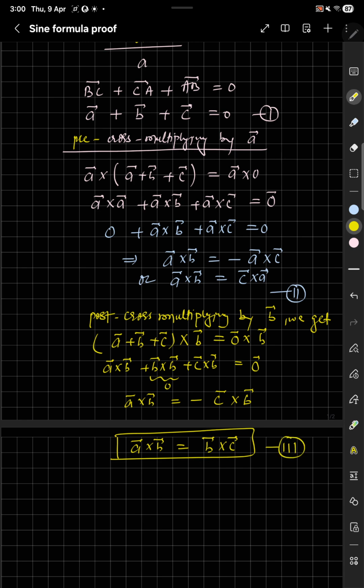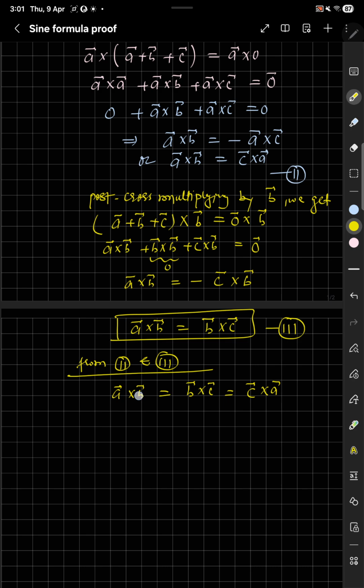Name this as 3. From 2 and 3, what you can observe is a cross b is equal to b cross c is equal to c cross a.